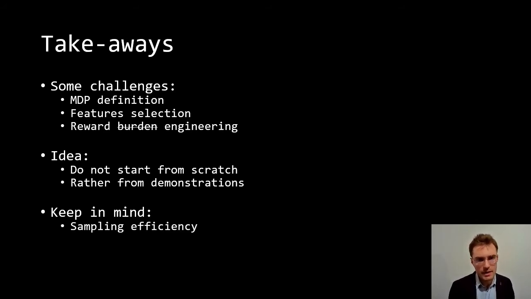have in mind the sampling efficiency of the algorithm. What is it? It represents how much you need to interact with the environment, because there might be a bottleneck in terms of time for the training part. In this case, this is quite good actually.